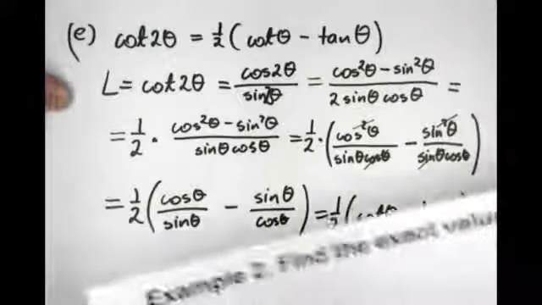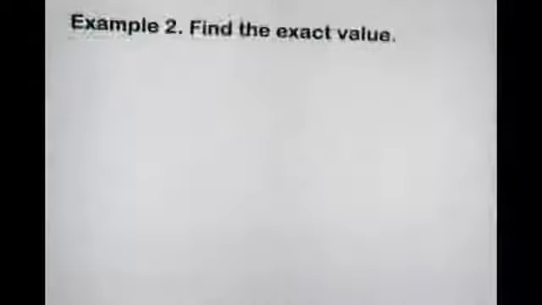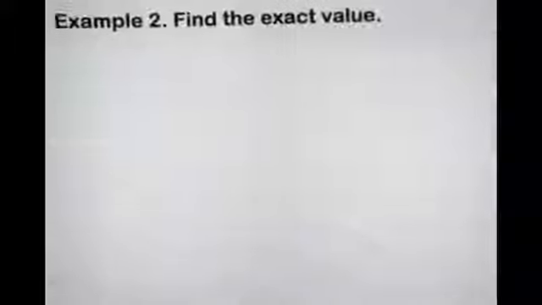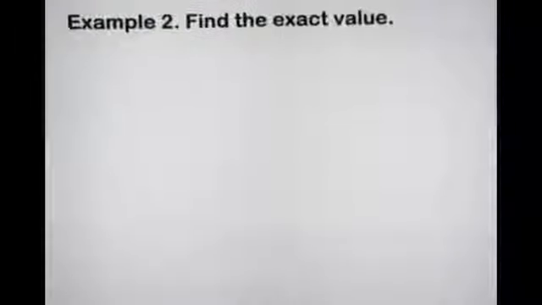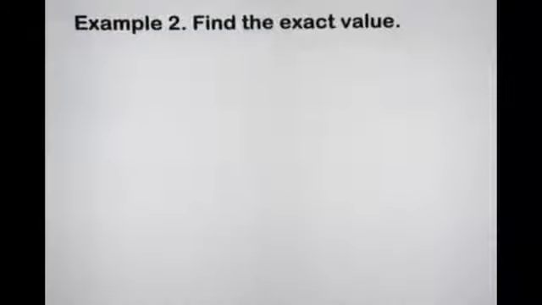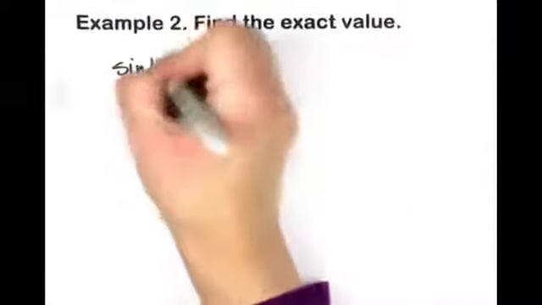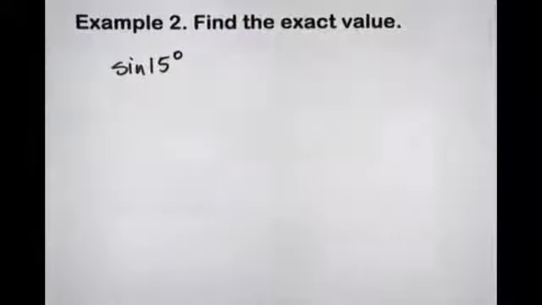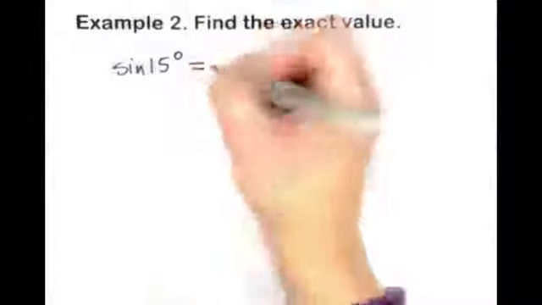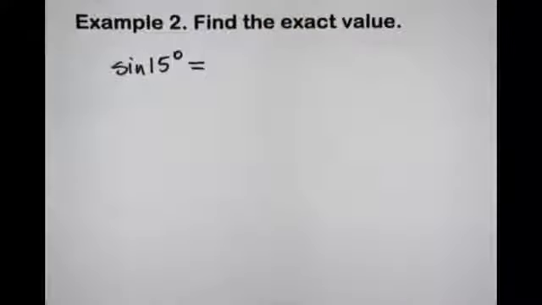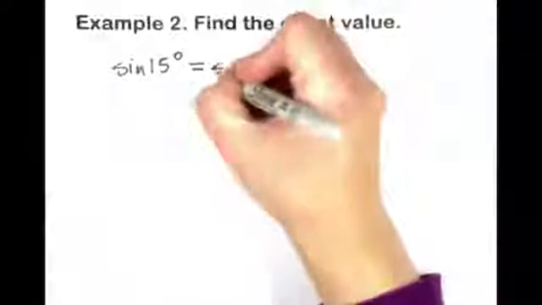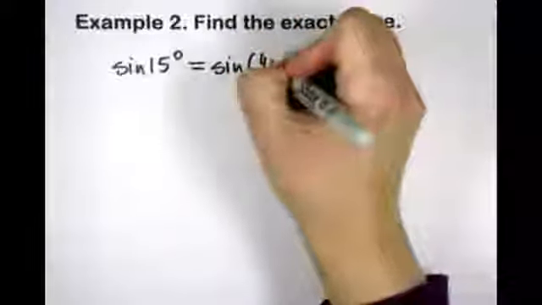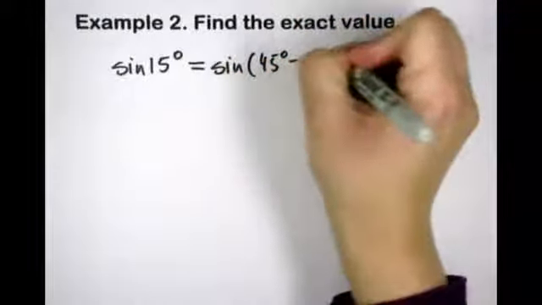One more example using the formulae. Find the exact value, and we have sine 15. So sine 15 is nothing else but 45 minus 30. So we can write that this is sine of 45 minus 30 degrees.